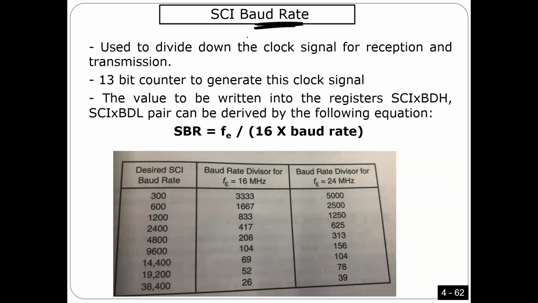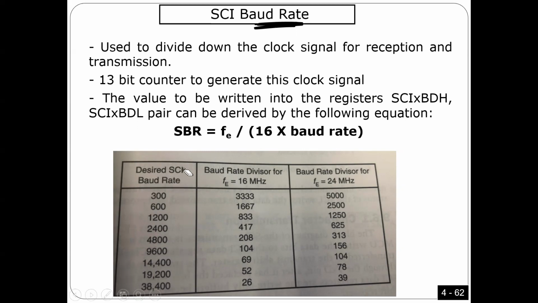The baud rate tells the speed. How many bits you can transmit per second? For this board, these are the speeds we have here. You can transmit starting from 300 bits per second up to more than 400,000 bits per second. This is the speed you can select.